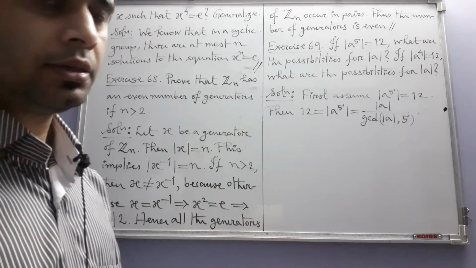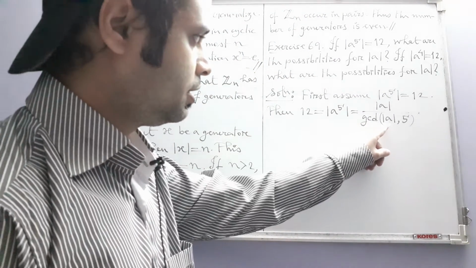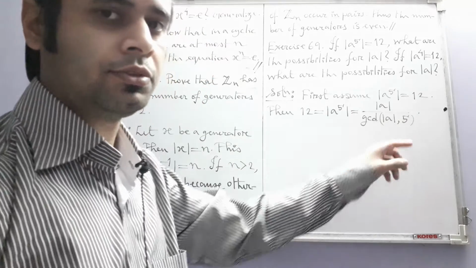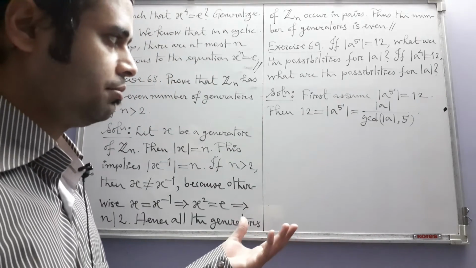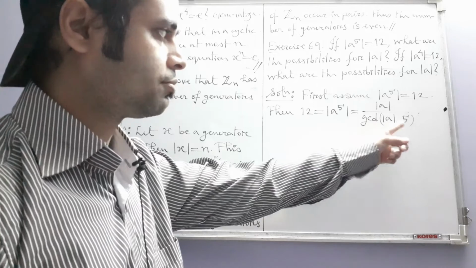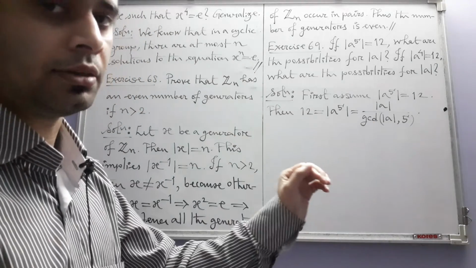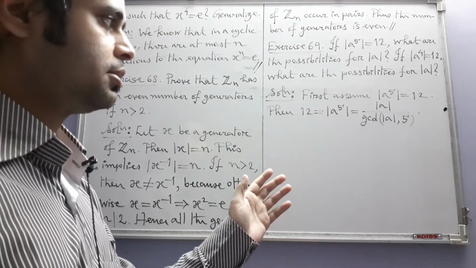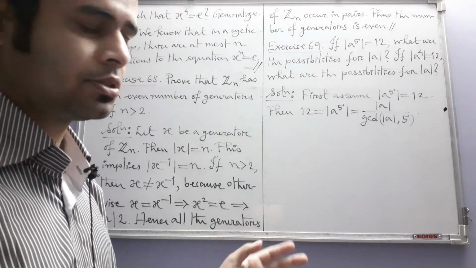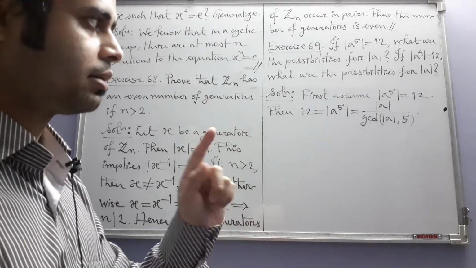Now note that the GCD of this and 5 should, by definition of GCD, be a common divisor of the order of a and 5. That means it should divide 5, and since GCD by definition is positive, it will either be 1 or 5.